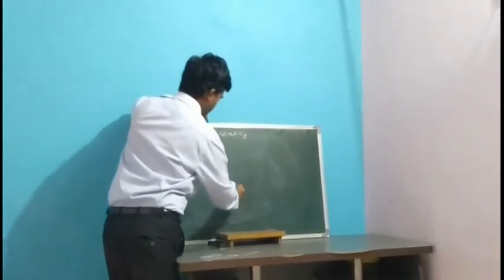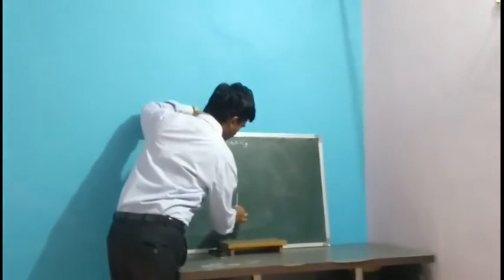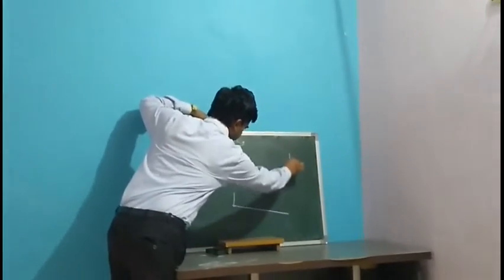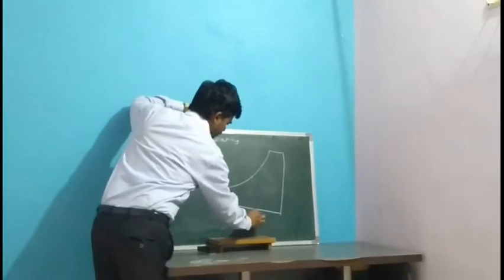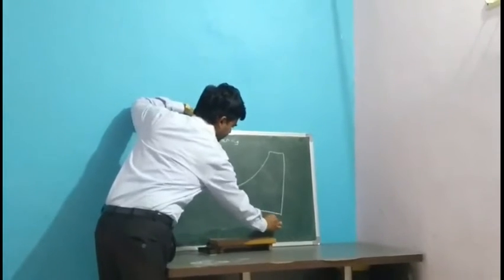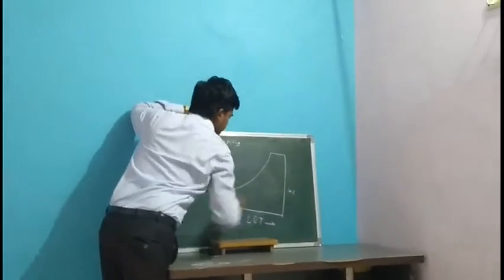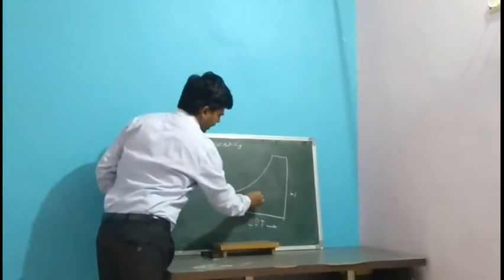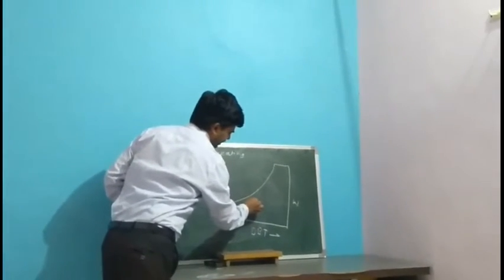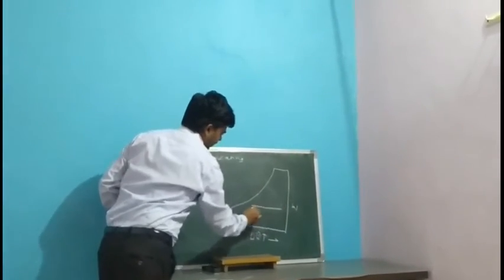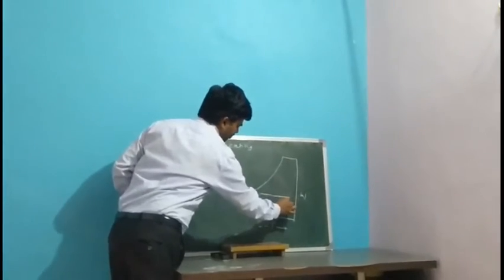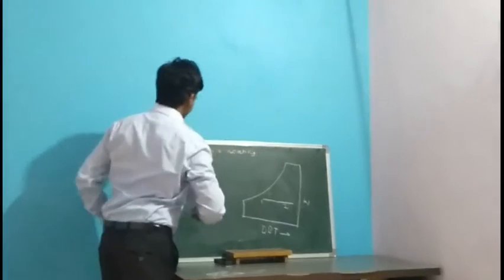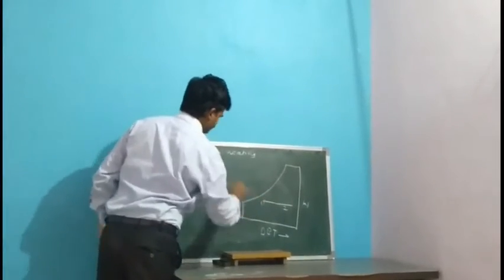I am representing only the sensible heating line on the psychrometric chart. So this is DBT, this is W, that is specific humidity, and the sensible heating line that I am representing here like this, 1 to 2.